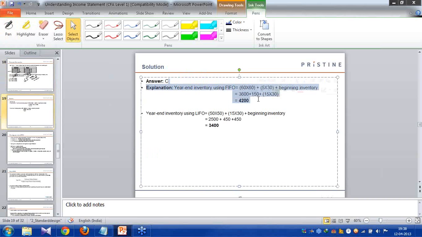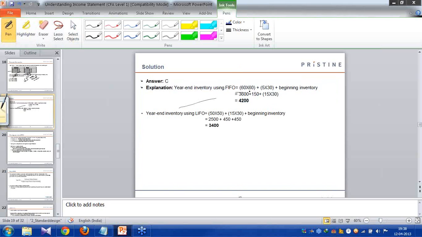This is 60 into 60, the last units, and for the 5 other units we take the transaction just before this, which is at $30. And we add the beginning inventory to this. So this gives you 3,600 plus 150 plus the beginning inventory, which is 4,200.